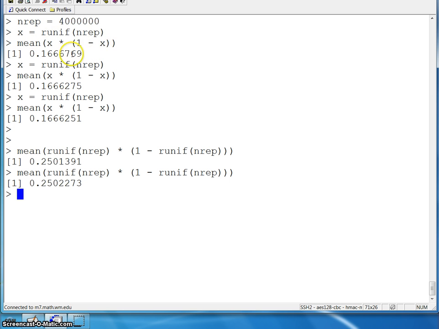That's a different operation than two pieces, two uniforms here, which have nothing to do with one another. Here I'm breaking it at some point and multiplying it by 1 minus the value of breaking it at that point, and that is the correct way to run the Monte Carlo simulation. These two down here are the wrong way to run the Monte Carlo simulation.